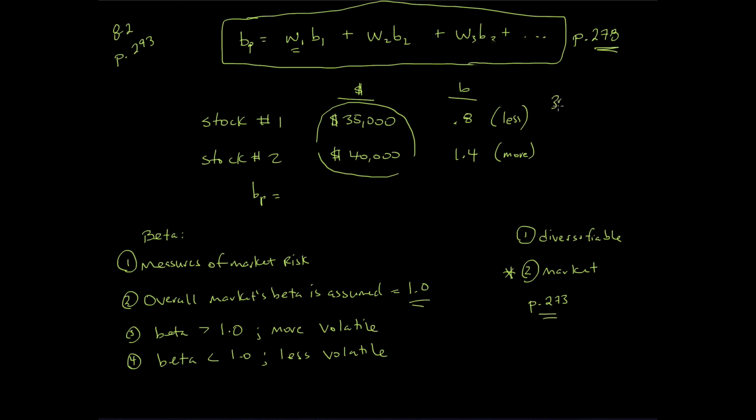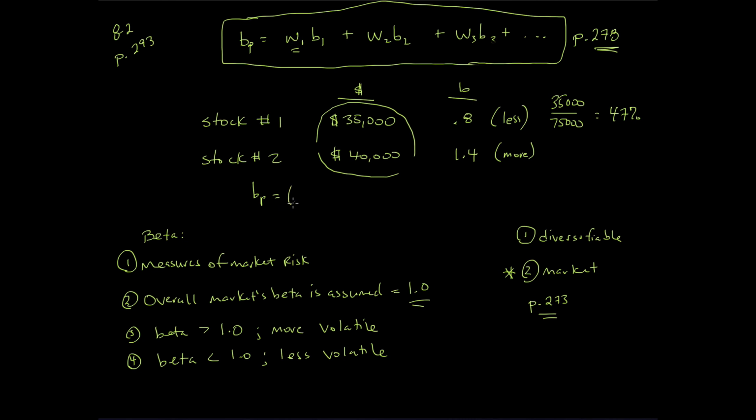And $35,000 out of that $75,000 is invested in stock number 1. So if we deal with whole percentages, we would say that 47% of my portfolio is invested in stock number 1. That 47% represents W1.